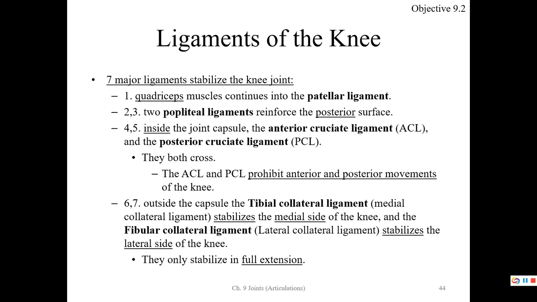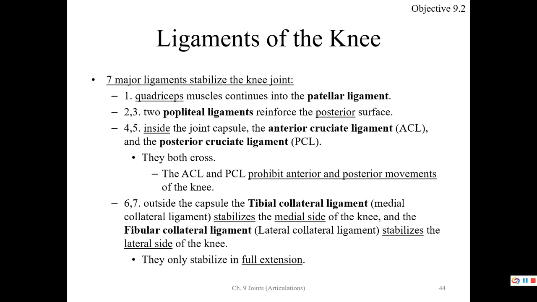Okay, so the anterior cruciate ligament, ACL and PCL, cross each other like an X, and they prevent anterior posterior movement. I don't worry about which one does anterior, which one does posterior at this level. I'll worry when you guys have to do more on musculoskeletal stuff. But really important here is that they cross and they prevent anterior posterior movement so the knee doesn't get jammed.